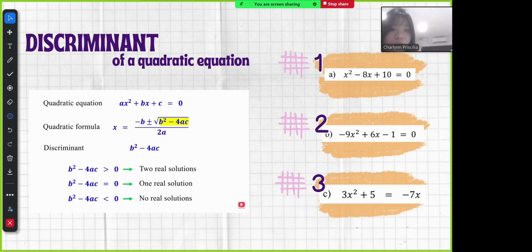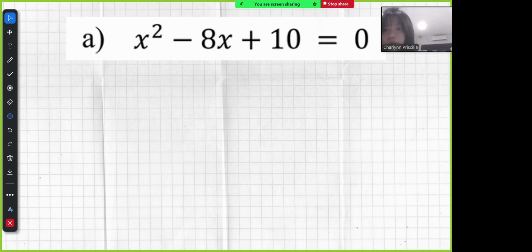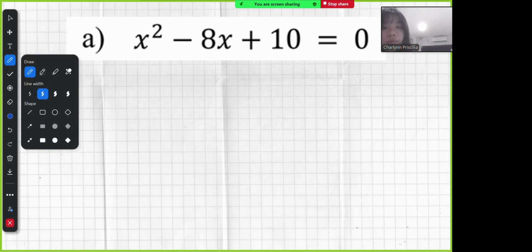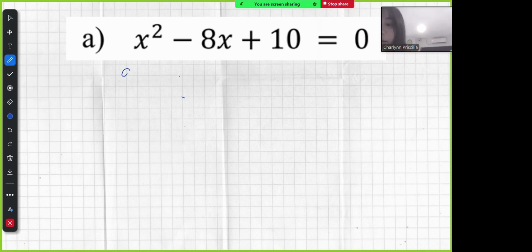So let's move on to the practice questions. We'll first move to number 1. Same as just now, we'll find the A, the B, and the C. There's no A mentioned here, so we will just put it as 1. The B will be -8, and the C will be 10. Don't forget, the formula is always b squared minus 4ac.